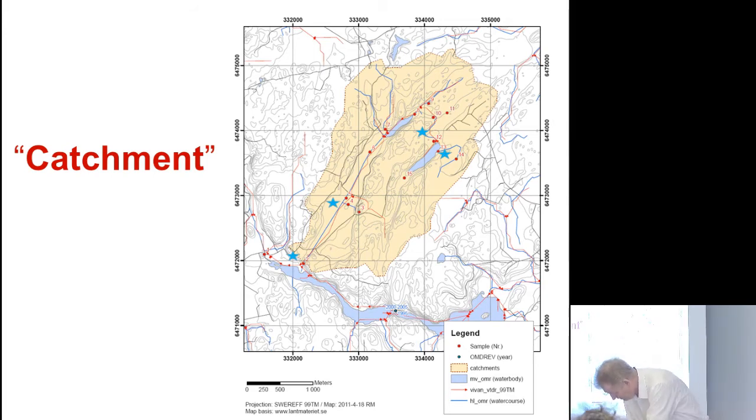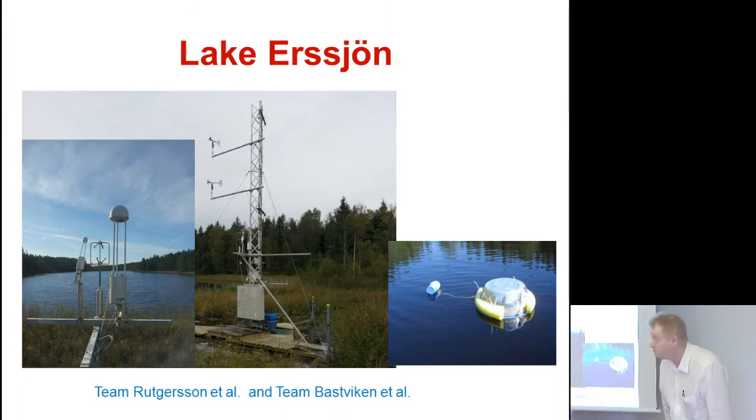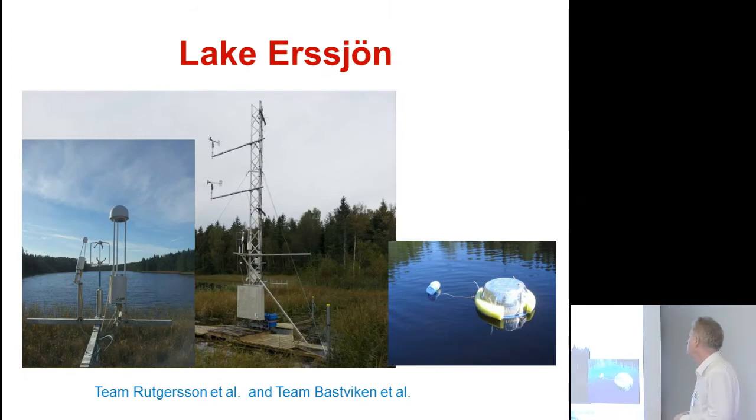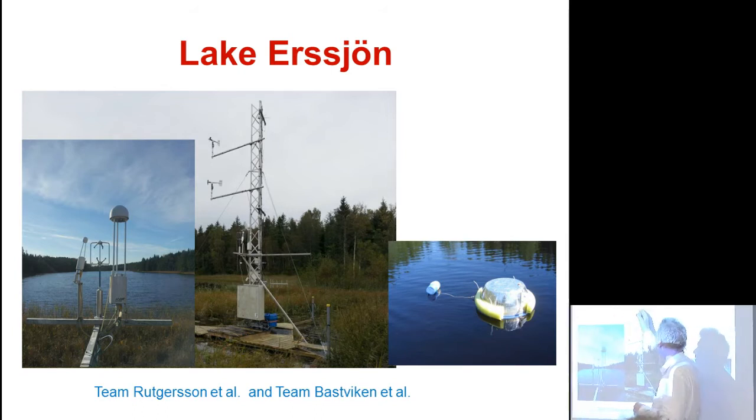So I will shortly show you some instrumentation that is needed to do this before I come to some of the discussion of the flows. So this shows the equipment that we have set up at Lake Ersjön, the first lake after the Mire. So we put up a micromet tower.